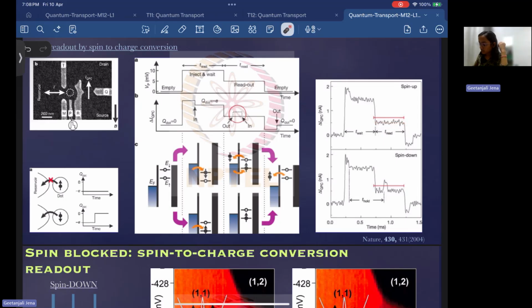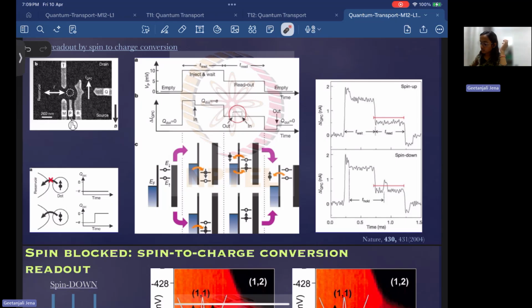But if you look at the spin down state, that is, if you consider the electron was in the spin down state, then the electron can tunnel out. So that means there will be an increase in the current. Now, because the electron has already tunneled out, there is a possibility that an electron can tunnel in. Because of this electron tunneling into the quantum dot, there will be a drop in current.